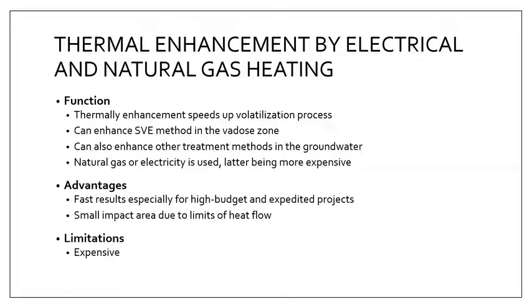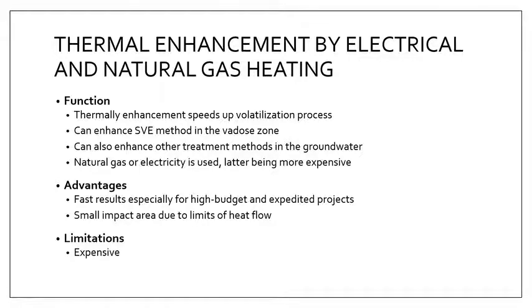Another method, and it's not really a method but more of an add-on to the physical treatment methods, is thermal enhancement by electrical and natural gas heating. What we're doing here is introducing heat to speed up the volatilization process.